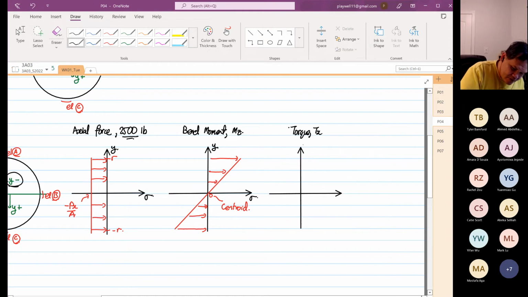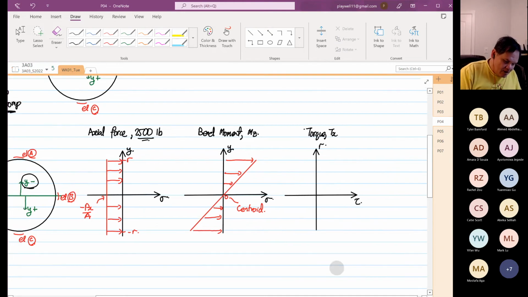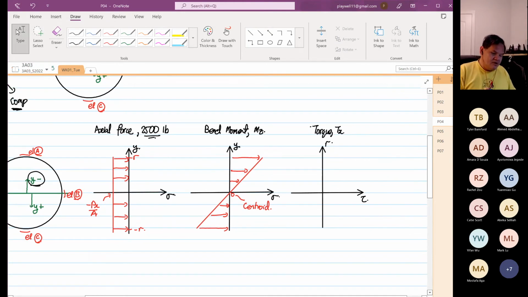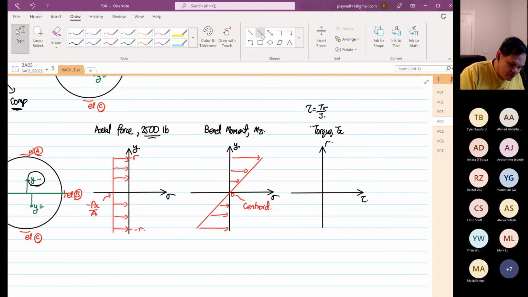So this is the radius, and this is the shear stress. The formula states that the shear stress is equal to TR over J. T and J are constant. It's only the radius that is changing. So we get a shearing stress looking like this.